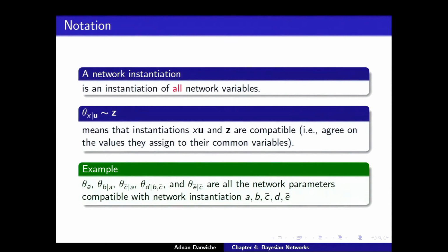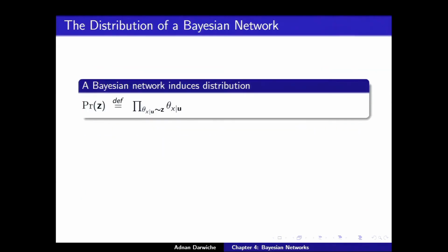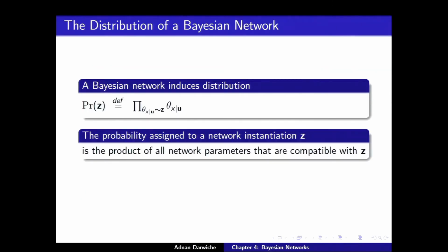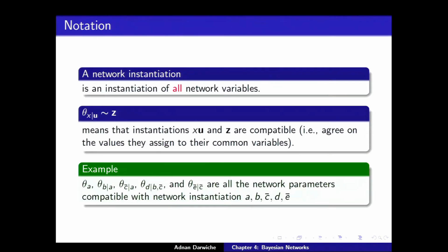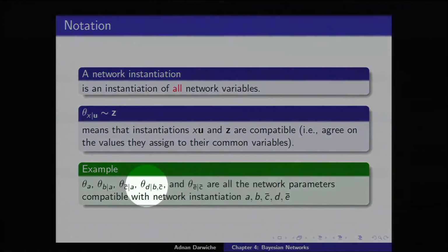Now that we have this, look at the following semantics for Bayesian networks. No, we're looking at the subscripts. So you're looking at this parameter. I don't care what its value is. I care what it refers to. This guy refers to the variable d being true, and the parents b and c being true and false.